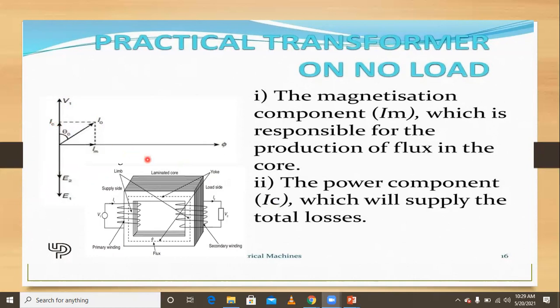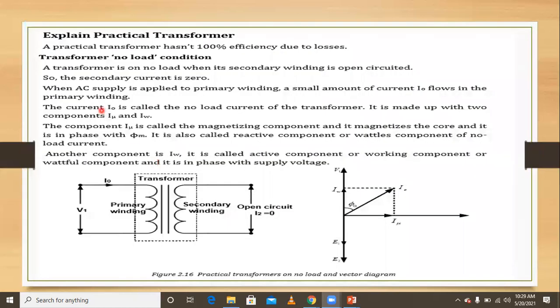Understood? Here I naught is called the no load current of the transformer. It is made up of two components, I mu and IW. That means the resultant of the magnetizing component and the wattful component is called the no load current, I naught.